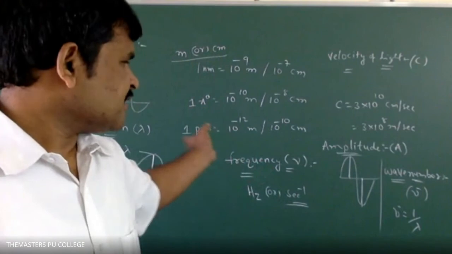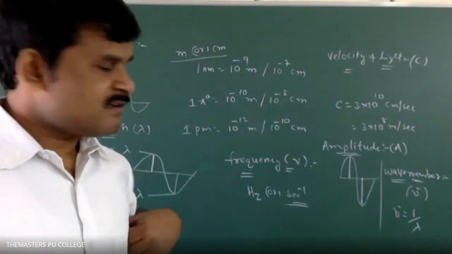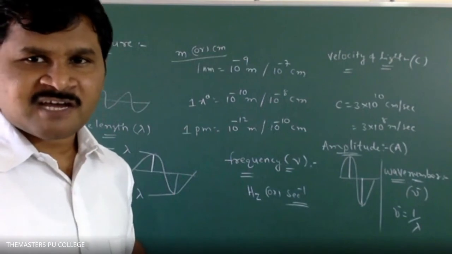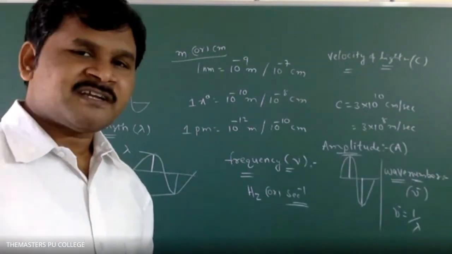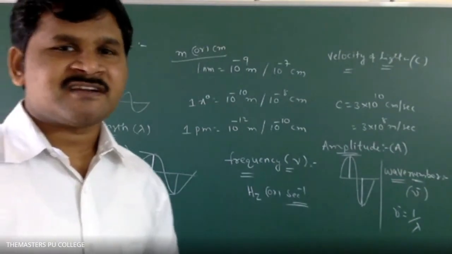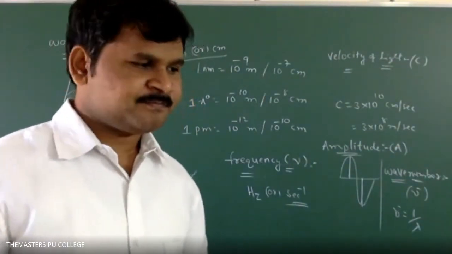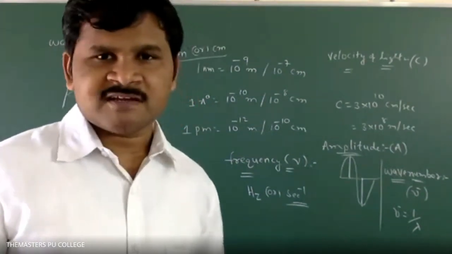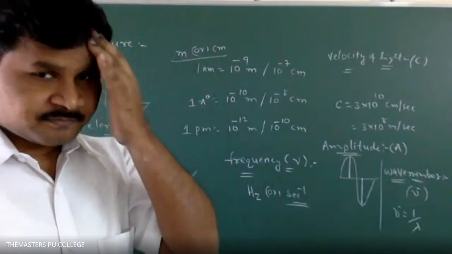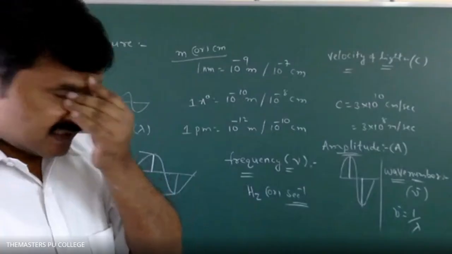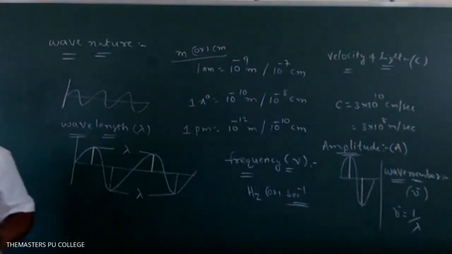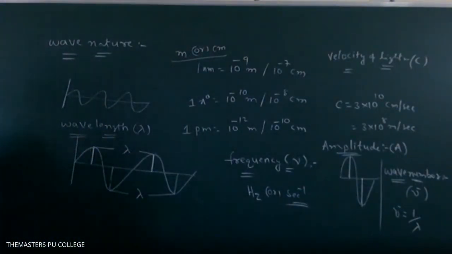If you know one unit, you can easily write the remaining. Okay, clear? Say yes or no. Yes, sir. Clear, sir. Next. So these are the important characteristics of wave or electromagnetic radiation.